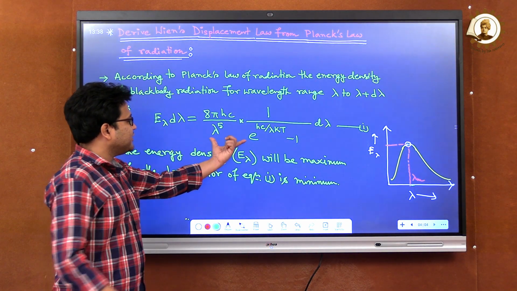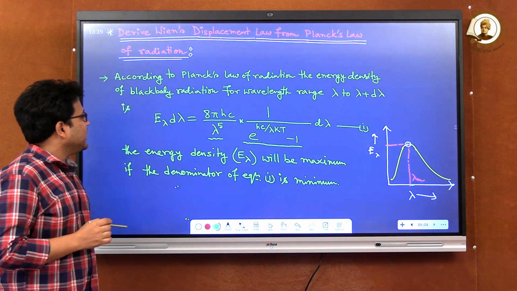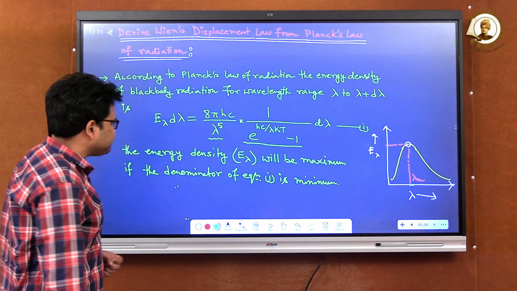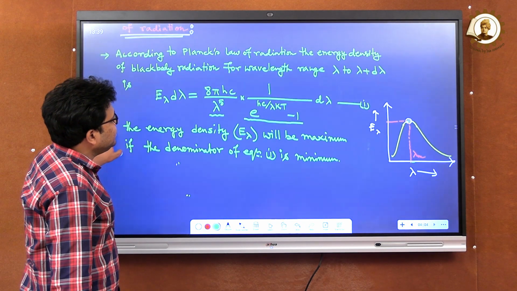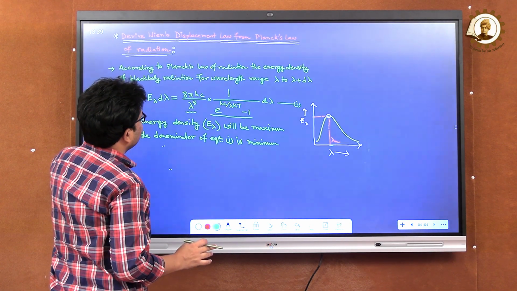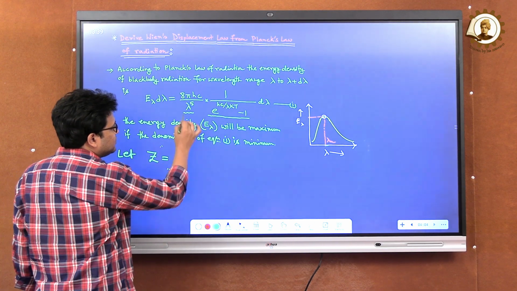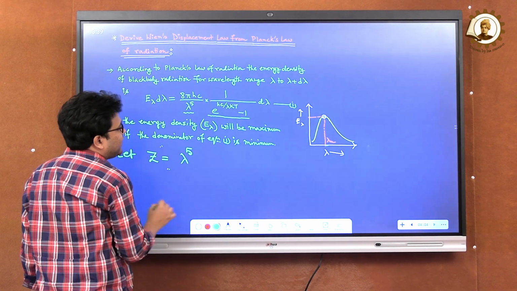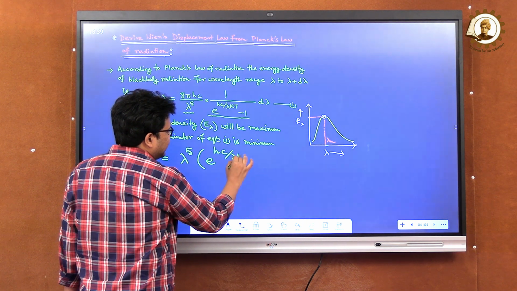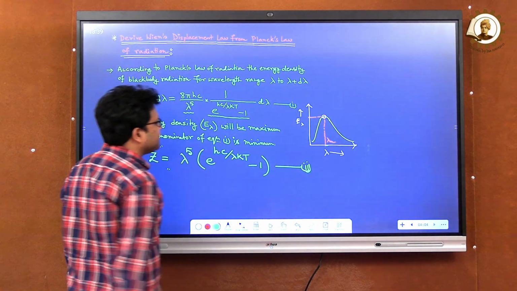If this total denominator is minimum, then obviously on the left hand side the energy density will be maximum. Now I am writing this denominator as z. Let z equal lambda to the power 5 into e to the power hc by lambda kT minus 1. This is our denominator.